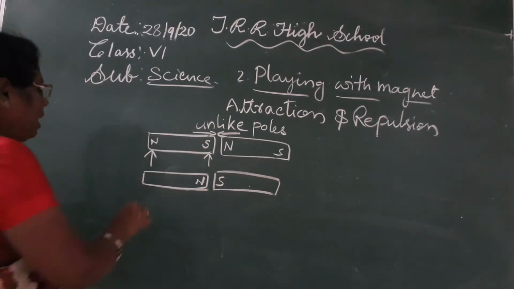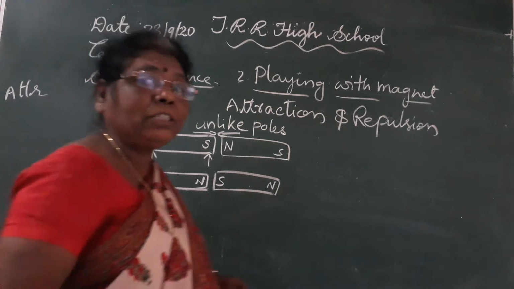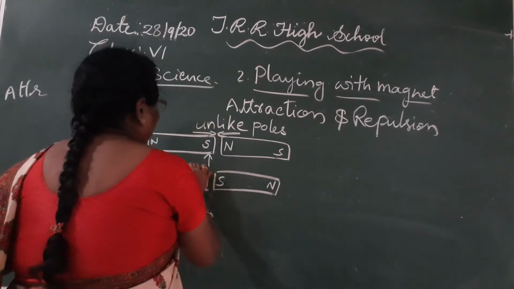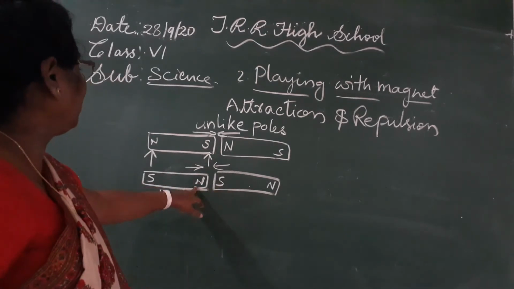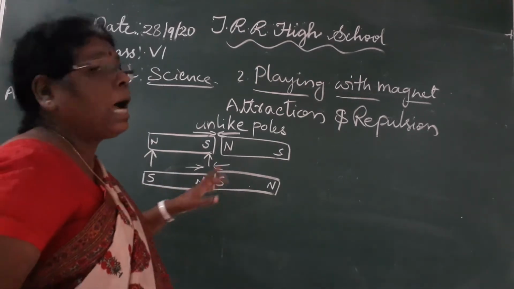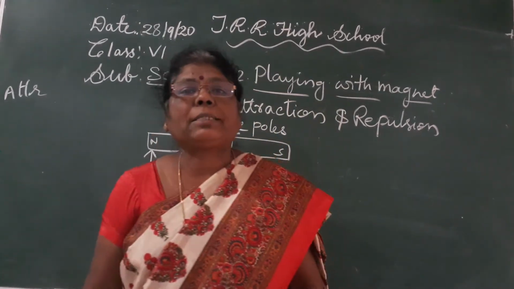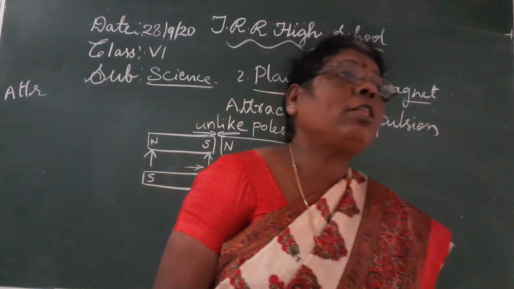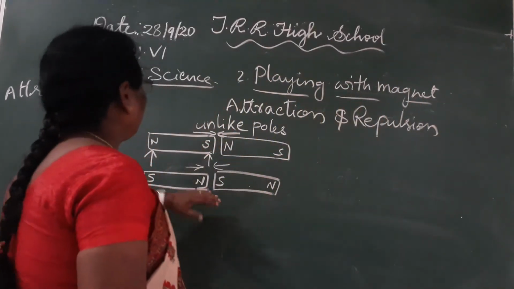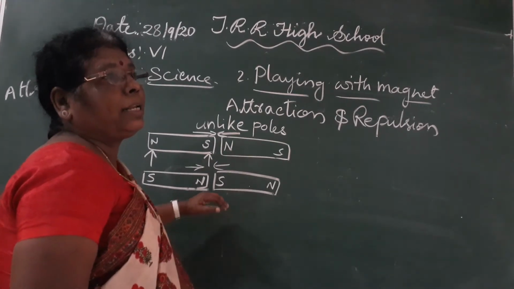What happens? Again you see attraction between the two magnets, because the north and south poles are unlike poles. Always, unlike poles attract. Understood? Here you have seen south pole and north pole, which are called unlike poles.